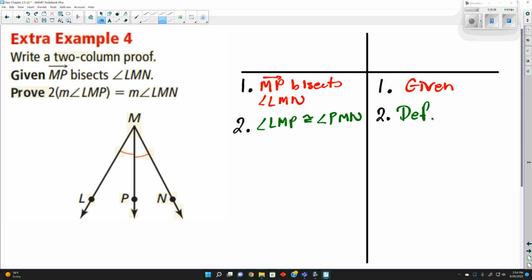The definition of angle bisector. Because an angle bisector cuts an angle in half into two congruent angles. So just the definition of angle bisector says that these two angles should be congruent to each other.